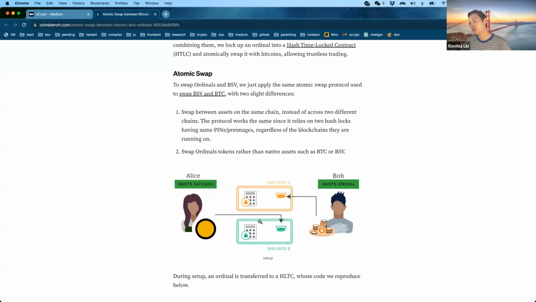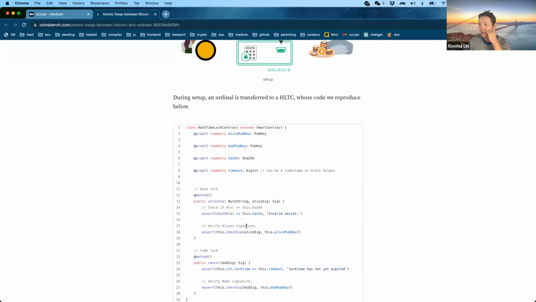And this can only happen atomically, meaning if Alice takes Bob's coin, then Bob must also be able to take Alice's coin. You cannot do this one way. It has to be both ways, or neither happens. It cannot happen in only one direction. So we used the contract back then called hash time lock contract.